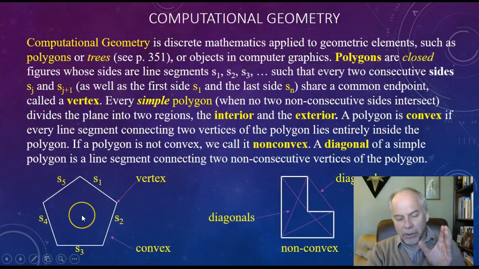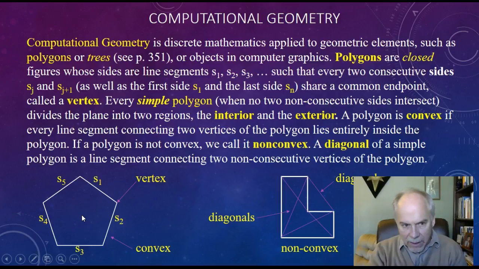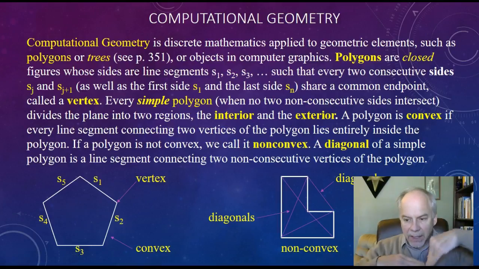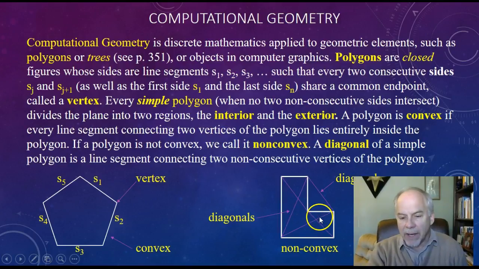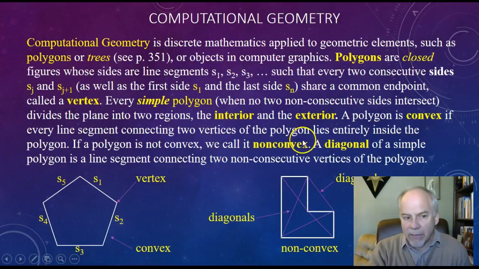Now, this is also called convex because it doesn't bend inward like the next one. This is non-convex, or also called concave. But anyway, the definition of convex means that every line segment connecting two vertices of the polygon lies entirely inside the polygon. Now, if it's not convex, we call it non-convex.